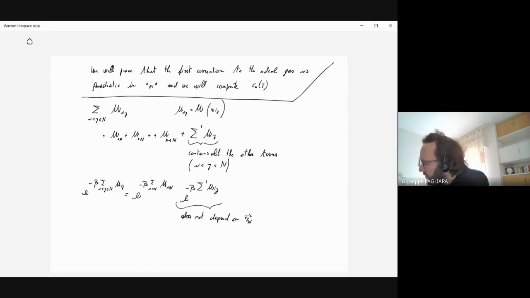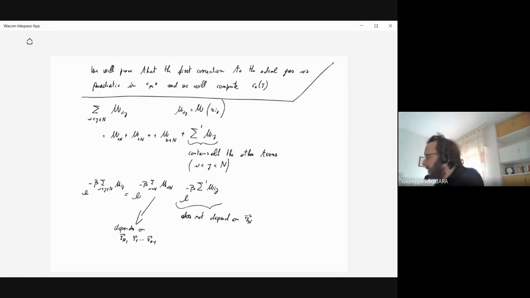Whereas this function here depends on R_n, but it also depends on R_1 and R_(n-1).